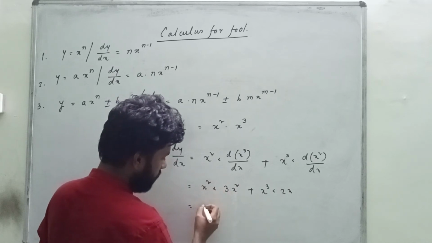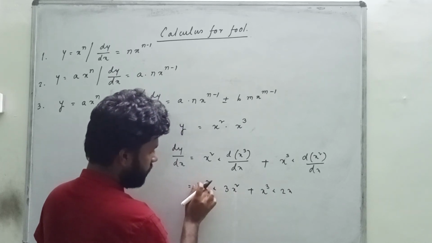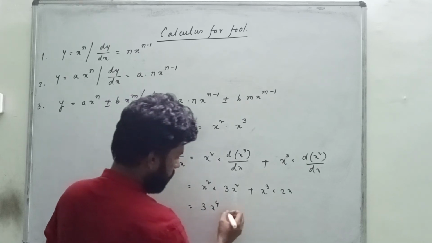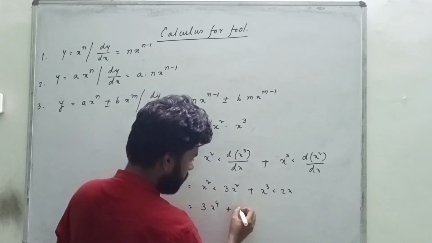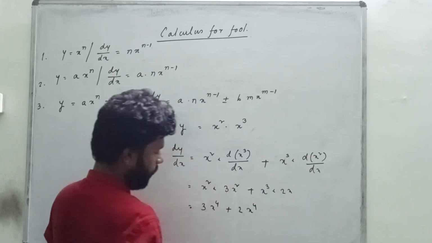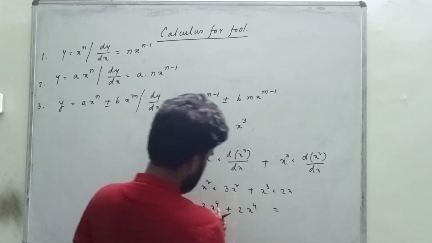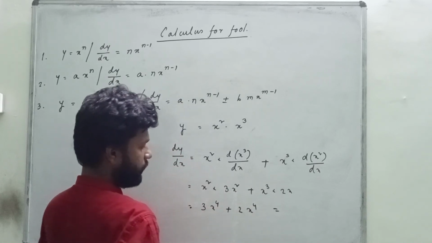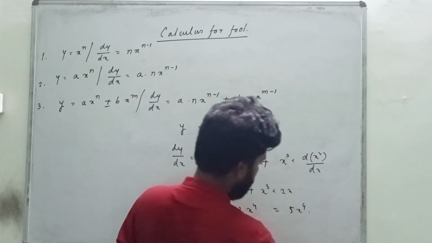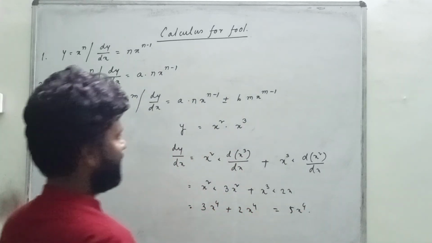So 3x squared into x squared is x to the power 4, plus 2, x cube into x means x to the power 4. So ultimately it is 3x to the power 4 plus 2x to the power 4, which goes to 5x to the power 4. The same result actually.